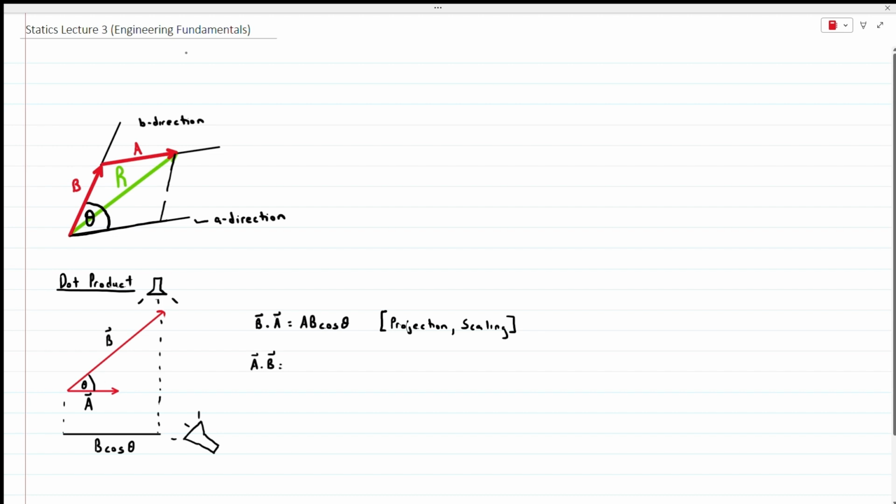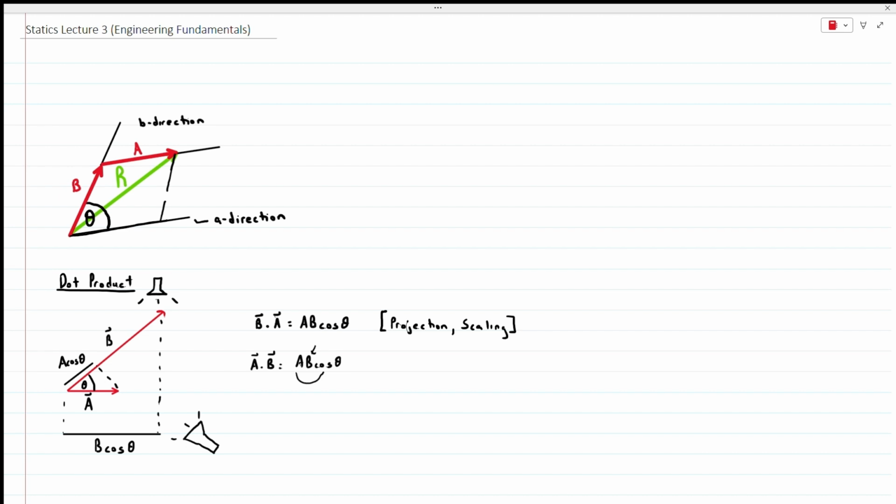The shadow casted by A in the B direction has a length, which is A cosine theta, and we scale it up by the length of B. So again, we get A B cosine theta. The projection component would be this A cosine theta, and the scaling component would be this, the length of B.